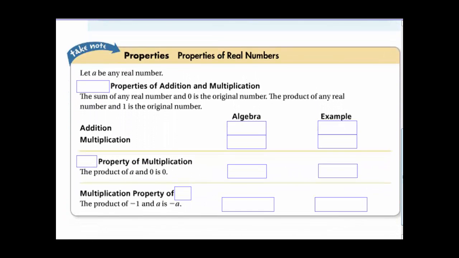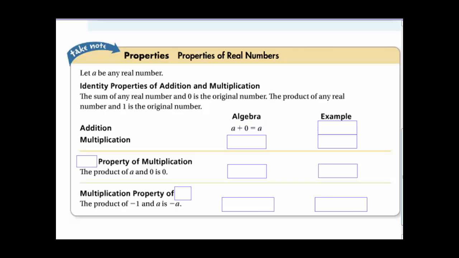Again, with multiplication and addition, the sum of any real number and 0 is the original number. So if we're going to add something to get the original number, or multiply something to get the original number, some of you are already thinking, yes, those are identities. So what do we have to add to some number to get itself? Well, that's going to be 0.